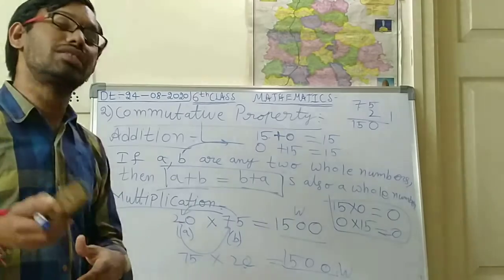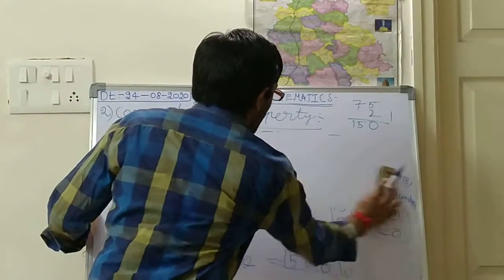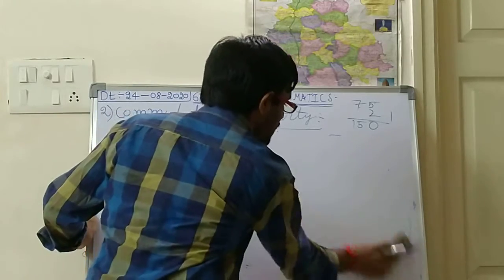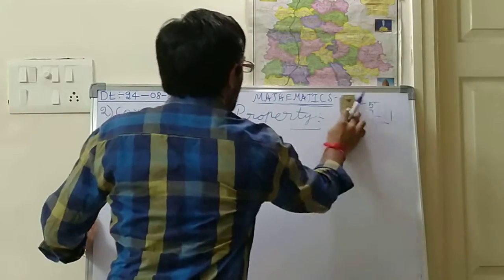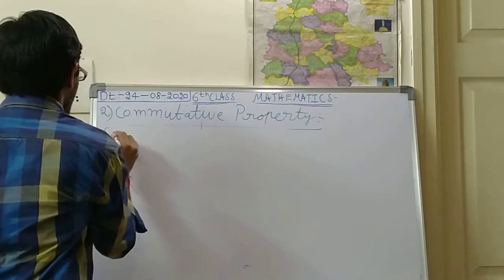Now we shall go with the subtraction part. Subtraction operation: does it satisfy the commutative property or not? We have to check. Listen carefully, children.